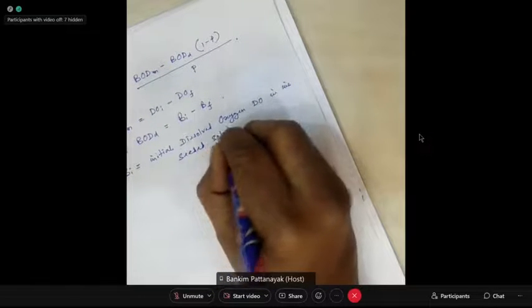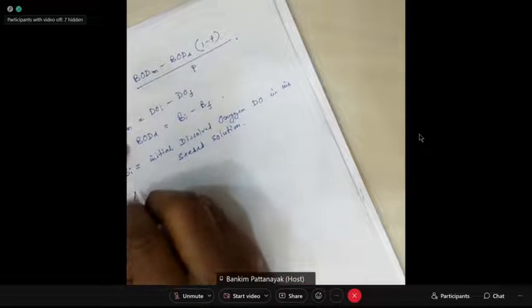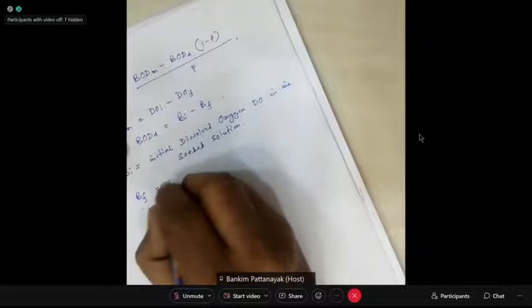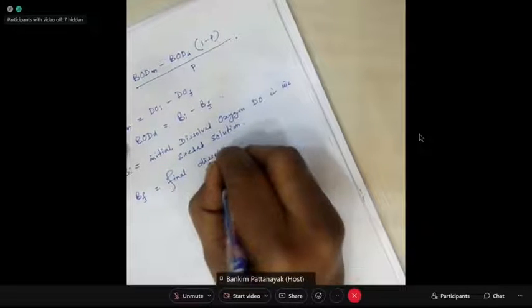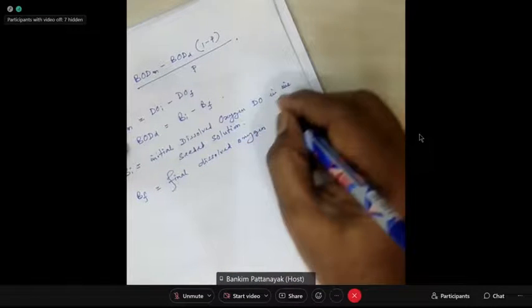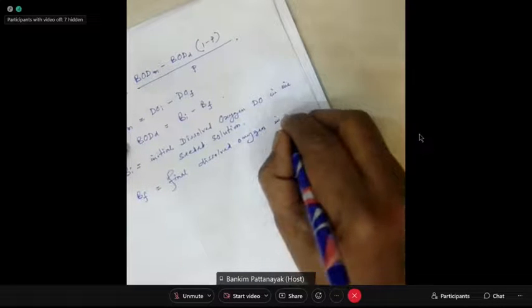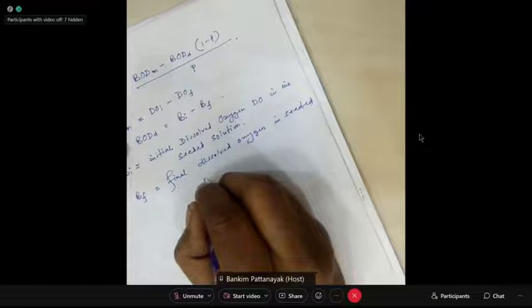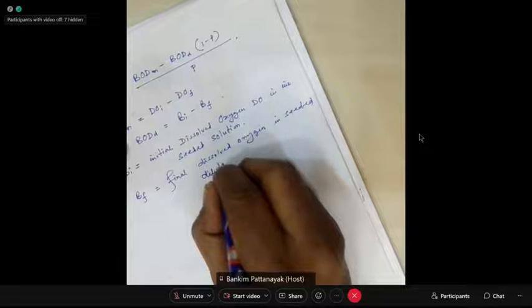Seeded solution is the solution which is added for dilution, and B_F is equal to the final dissolved oxygen in the seeded dilution water.